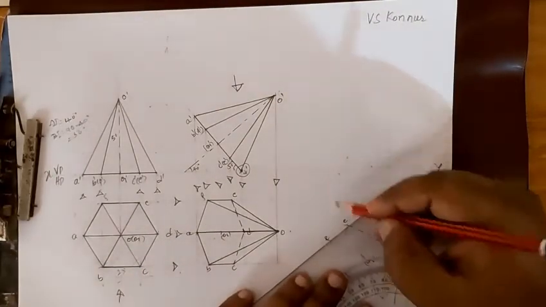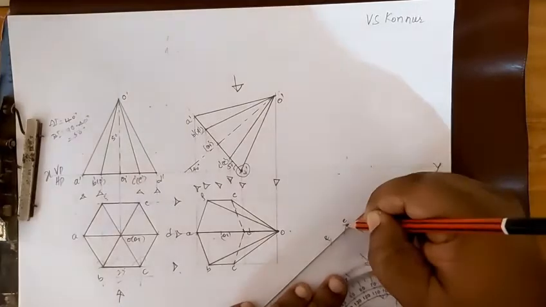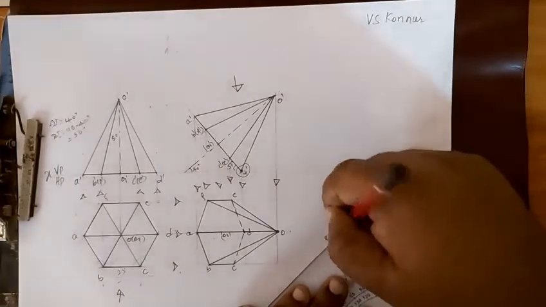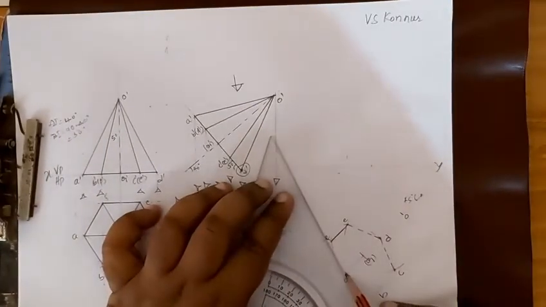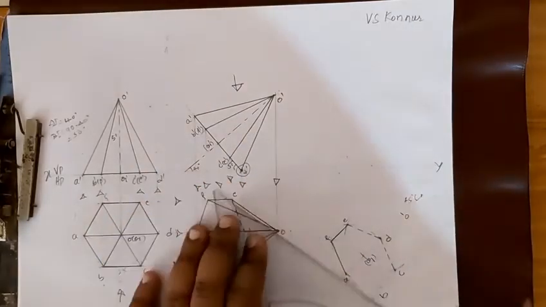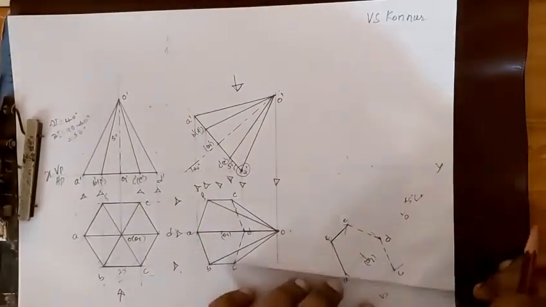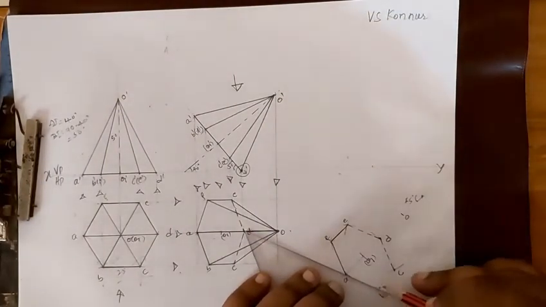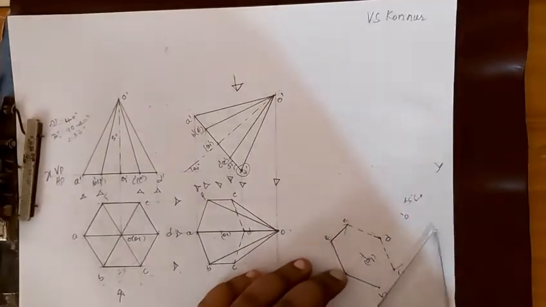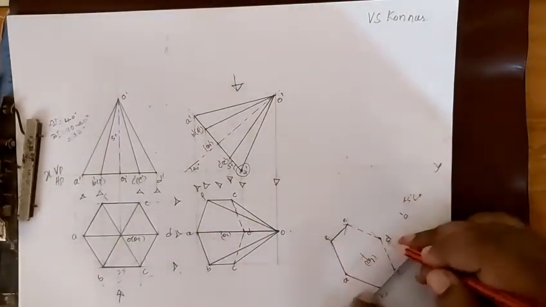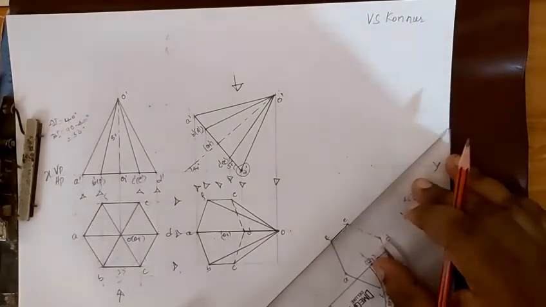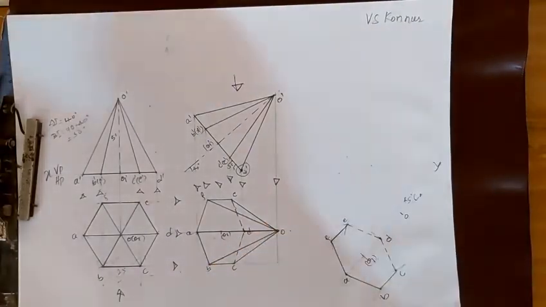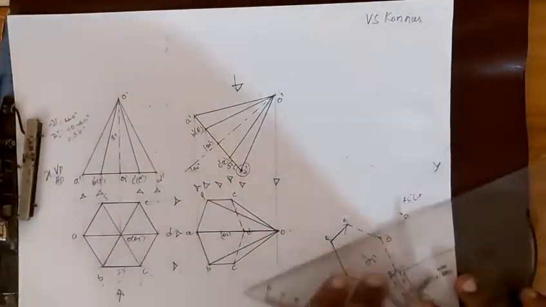Next, A to F, B point, right. We got all the points. Now we'll join to the O point.